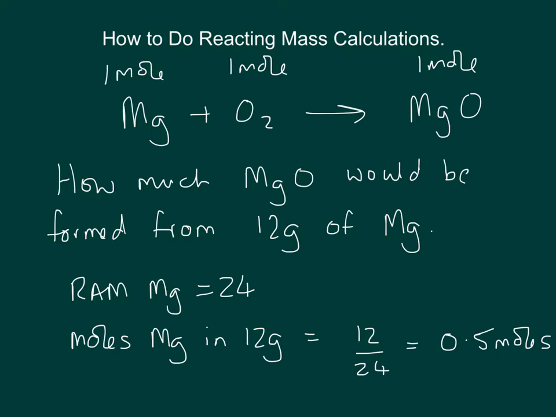If 1 mole of magnesium makes 1 mole of magnesium oxide, therefore 0.5 moles of magnesium would make 0.5 moles of magnesium oxide.